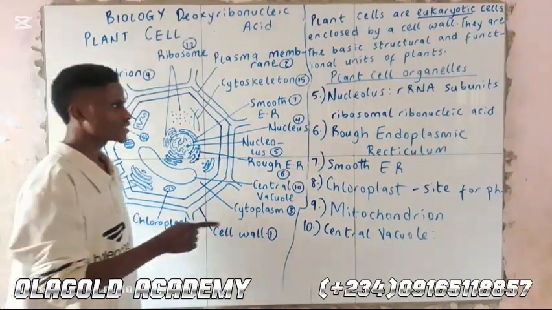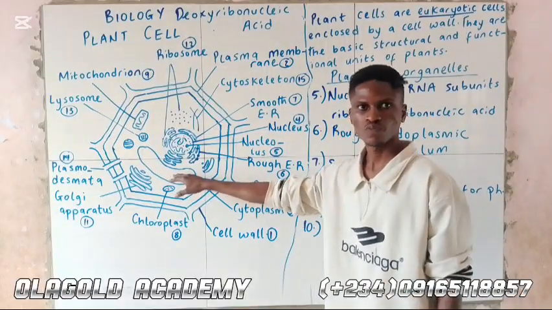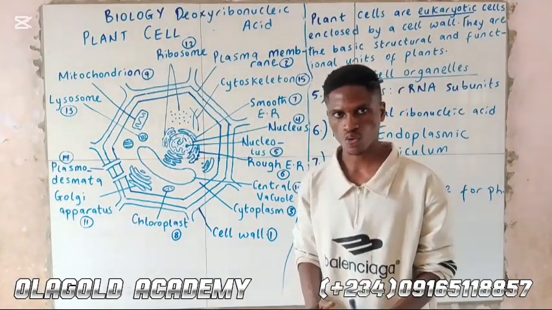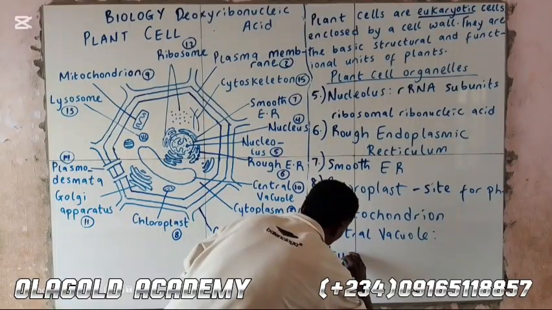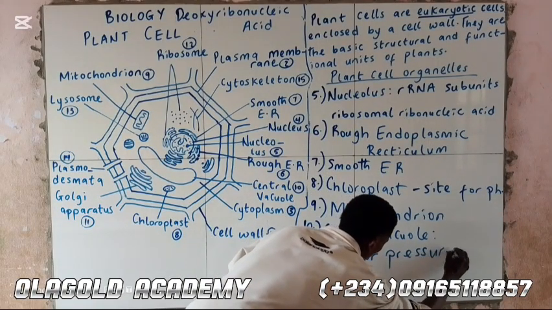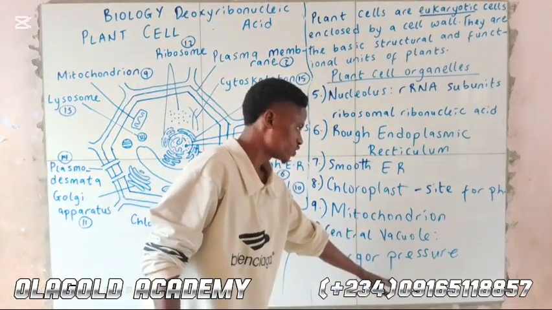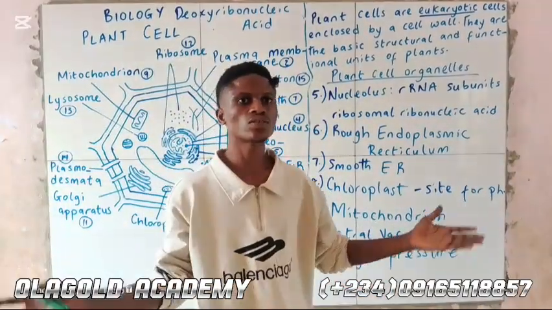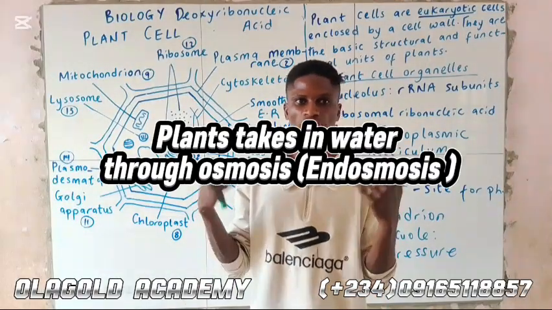And remember that I said earlier that this central vacuole also helps the plants to maintain what we refer to as turgor pressure. And this turgor pressure is formed when the cell takes in water through what we refer to as the endosmosis.